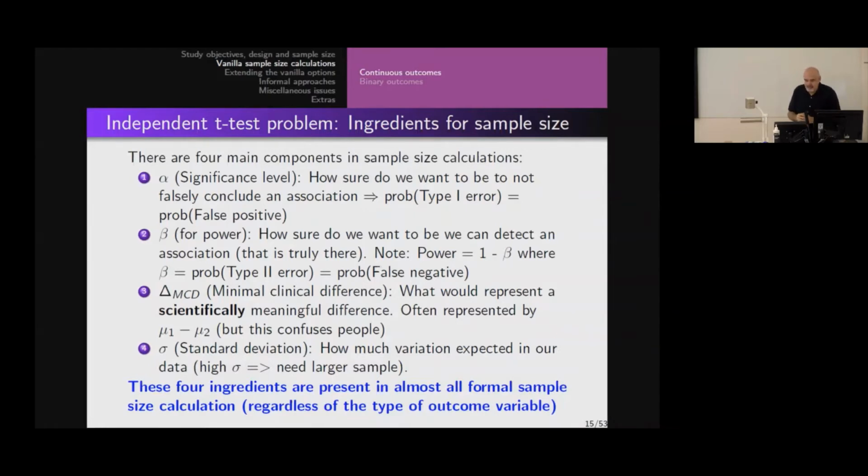So our power, just to turn that around, is our ability to detect a treatment that works. And we generally set that at 90% or 80%. What that means is 9 times out of 10, we will detect a treatment that works when it really does, or 8 times out of 10.